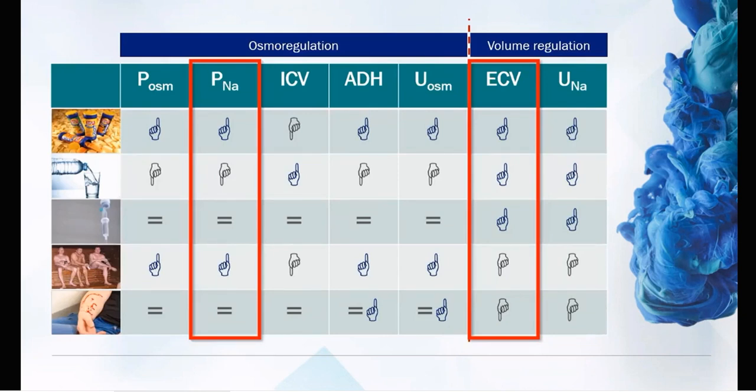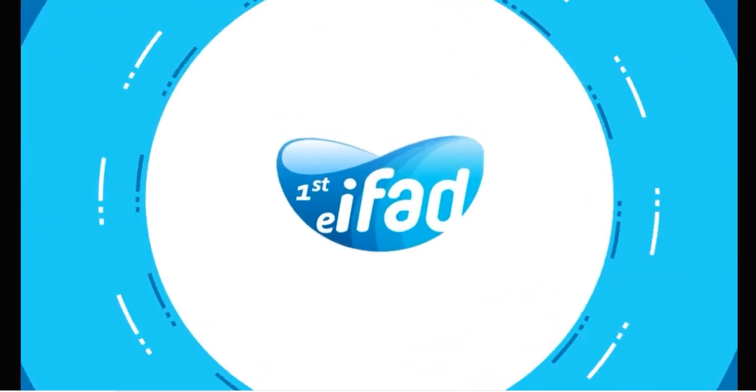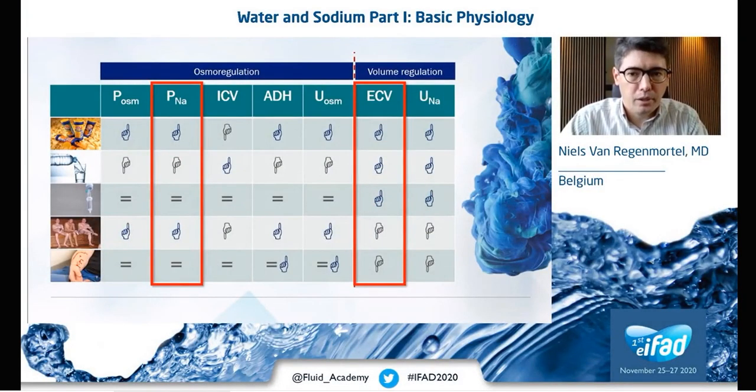You can perfectly have a plasma sodium that increases while the extracellular volume increases, for example, when giving hypertonic solutions. But you can perfectly have the situation where plasma sodium will increase where extracellular volume goes down, for example, in dehydration. And so there's no proportional relationship there.